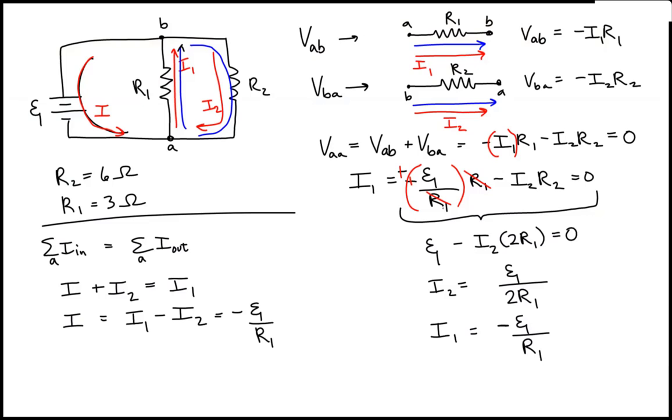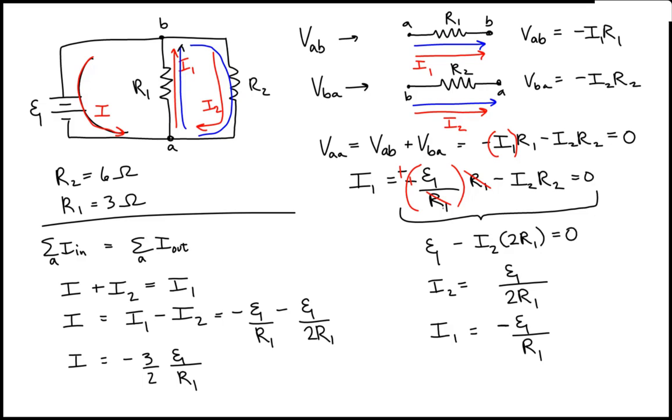The current through resistor 2 is equal to, here we have a minus, the EMF of the battery over 2 times the resistance of resistor 1. So when we add those two together, we get minus 3 halves the EMF of the battery over the resistance of resistor 1.